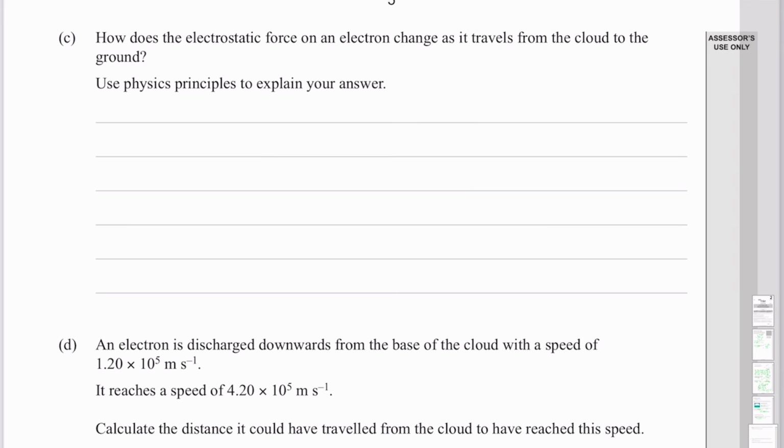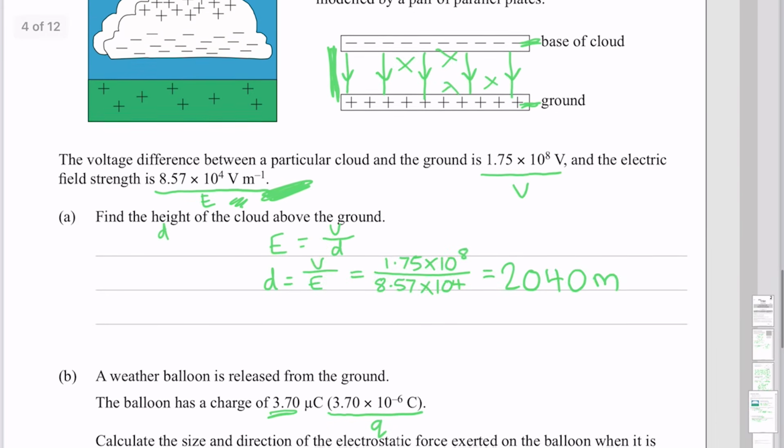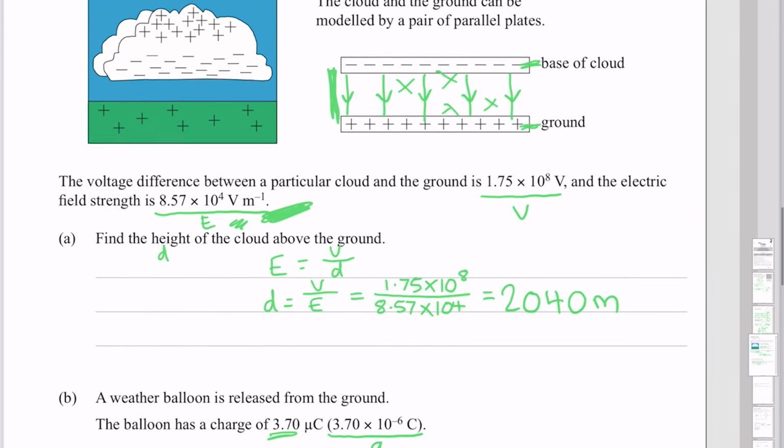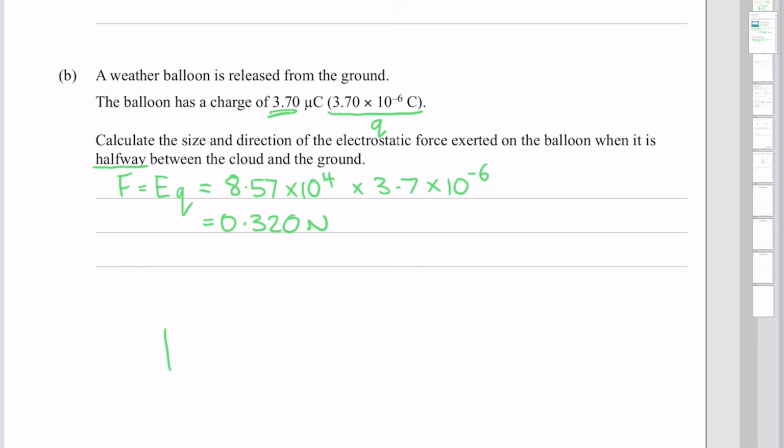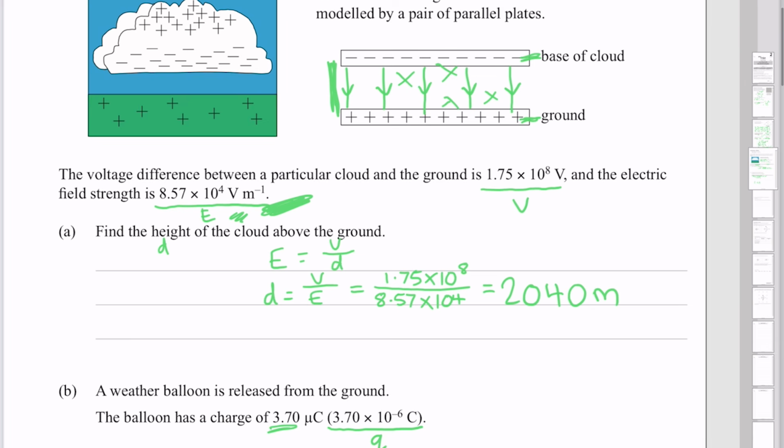How does the electrostatic force on an electron change as it travels from the cloud to the ground? Use physics principles to explain your answer. And so this is pretty much what I was explaining before. We see that the force on our charge is F equals EQ. The electric field does not change no matter how further you are from the base of the cloud compared with the ground.